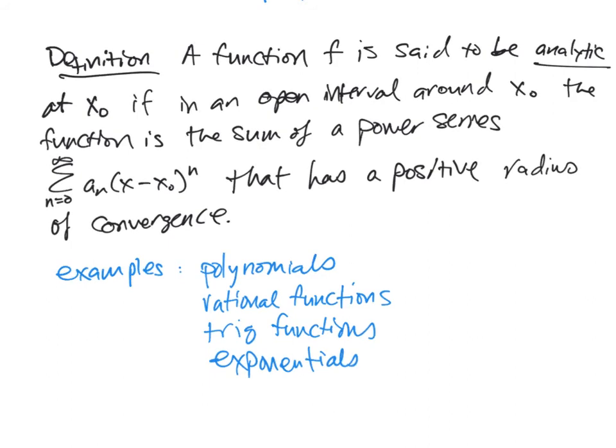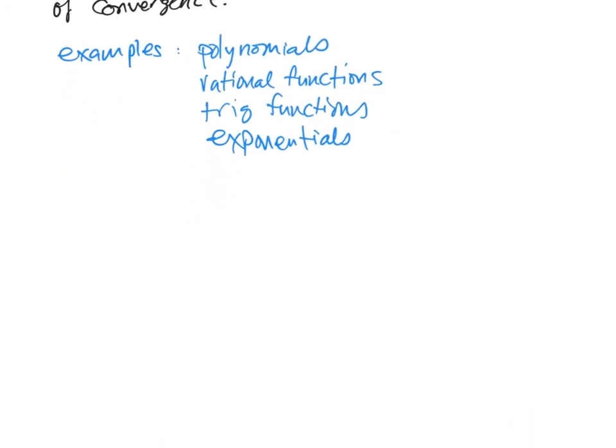Now, because of the theorem that we saw earlier in this video, where you can take the derivative of a power series and it's another power series, that means that you can take the derivative of an analytic function because you can represent it as a power series.